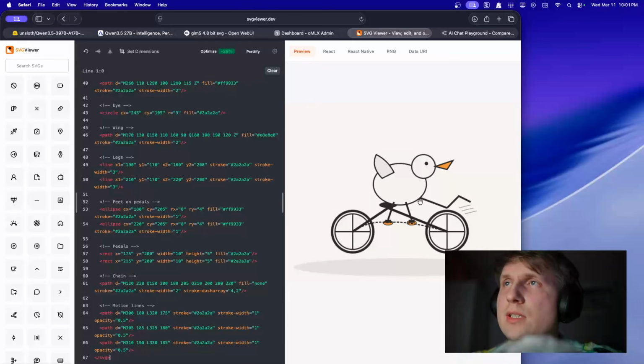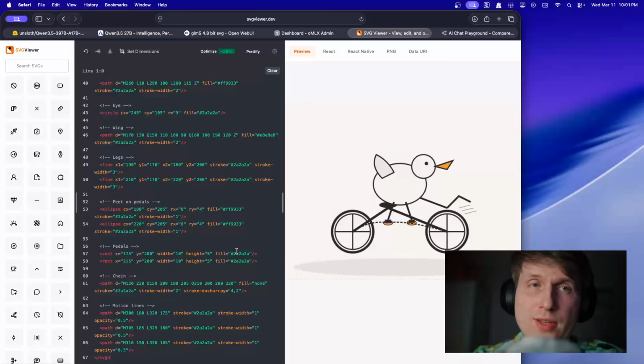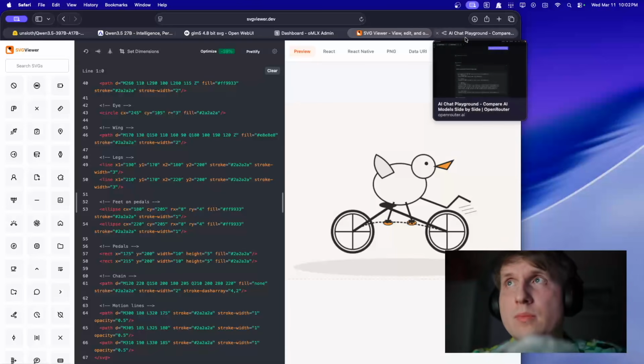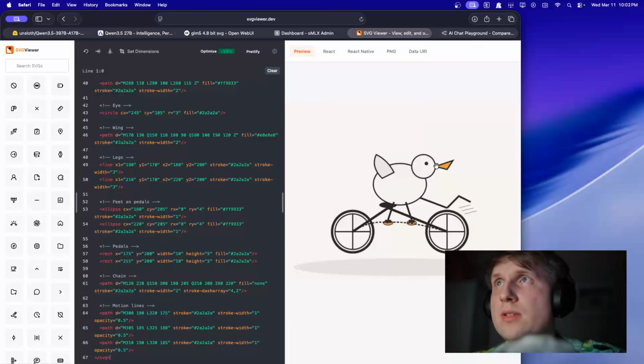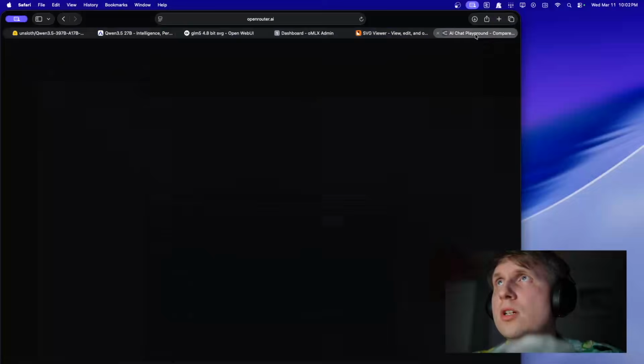That is not a good job. The first one you saw was GLM5 quantized running locally, and this one is Healer Alpha. It looks like a pretty small model based on this response. You can see that the beak is incorrect and there are artifacts here.